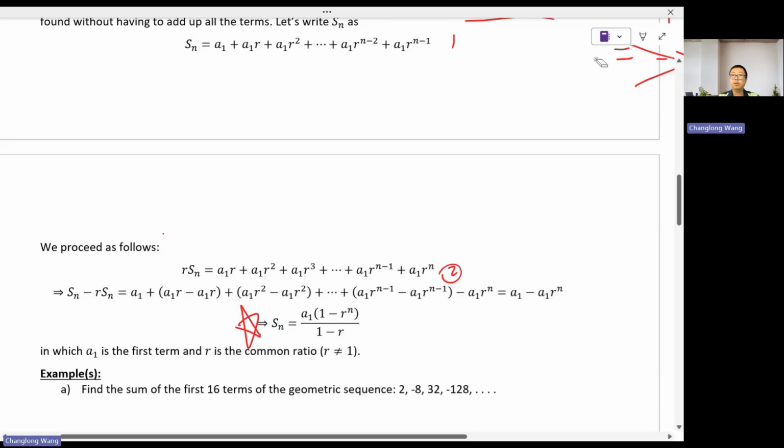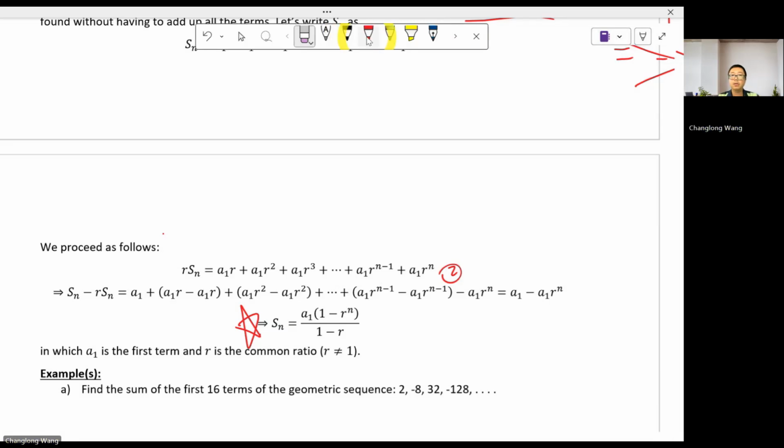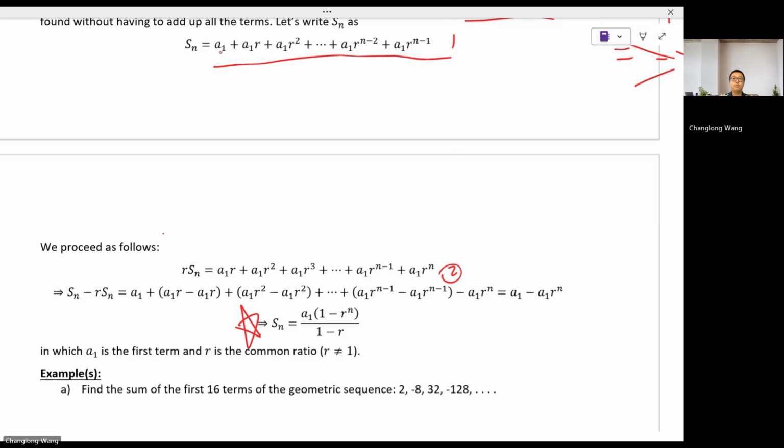If you write the sum from a sub 1 all the way to a sub 1 times r to the n minus 1, right on top of a sub 1 times r, a sub 1 times r squared, and so on, as you subtract them, do you see that so many terms get canceled? Remember that you're subtracting equation 2 from equation 1.